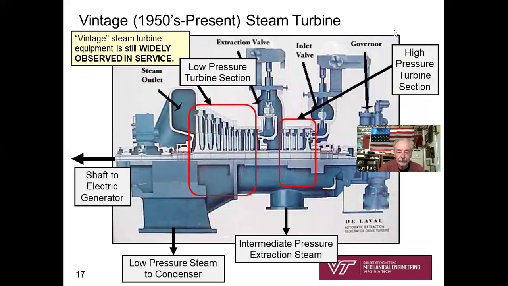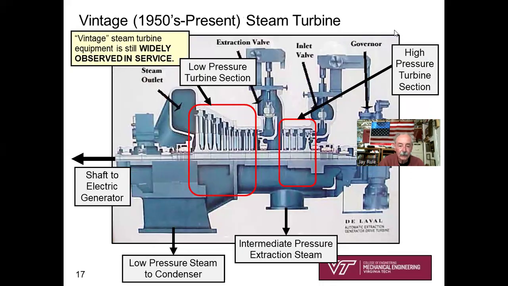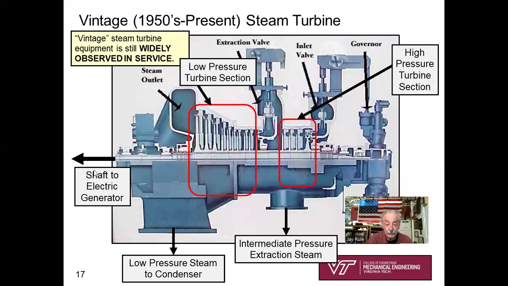This is a cutaway view of an older type. It is a vintage steam turbine, but still commonly in service. So this linkage is the throttling valve going into the high pressure turbine section. Coming out of the high pressure turbine is what we call the extraction point, where we're extracting steam once it's been expanded and rotating the shaft.